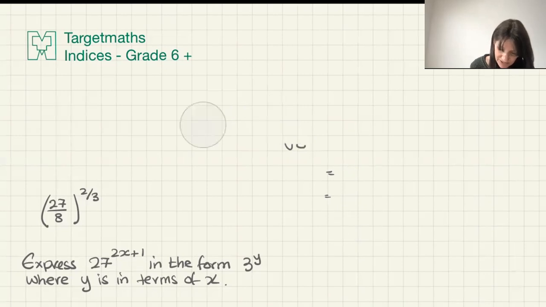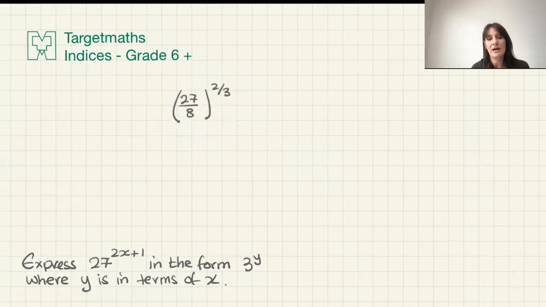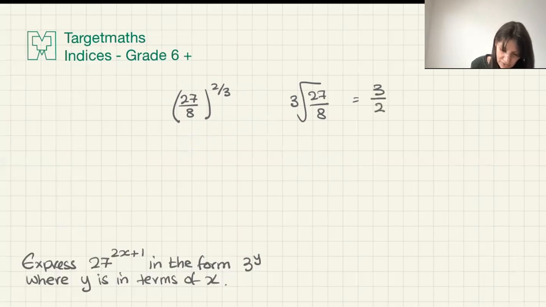Okay, next question. We do see this and go into a little bit of a panic sometimes. It just feels so much harder, but you are not doing anything differently. You are going to root, and it's a cube root in this case, your 27 over 8. The cube root of 27 is 3, and of 8 is 2.